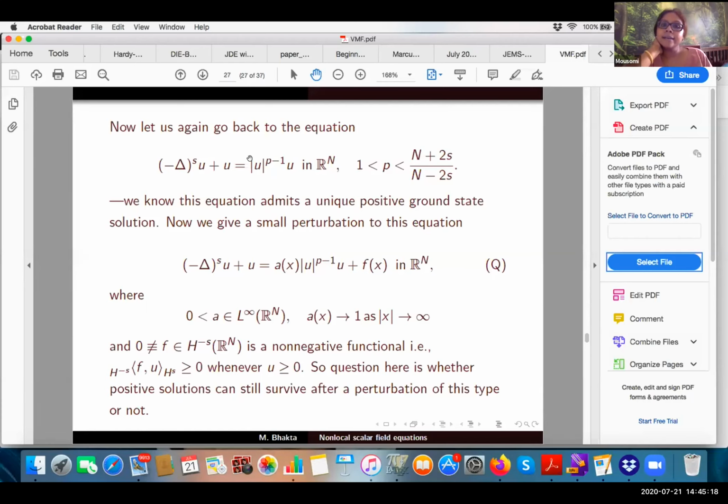As I was saying, it's the scalar field equation, and people are interested in its existence and uniqueness. First of all, it has several connections with the scalar field equation. It comes actually from the Schrödinger equation. If you go back to those kinds of equations, the limiting problem will be this one.